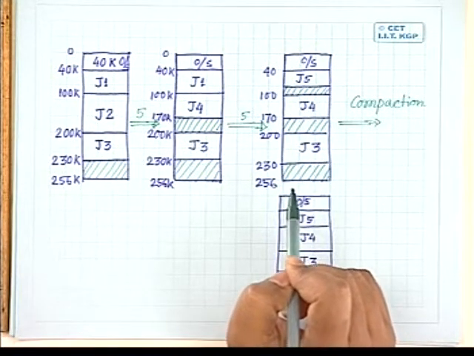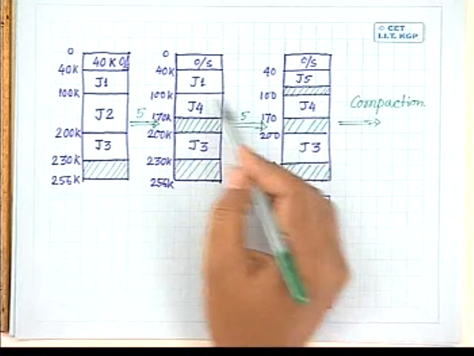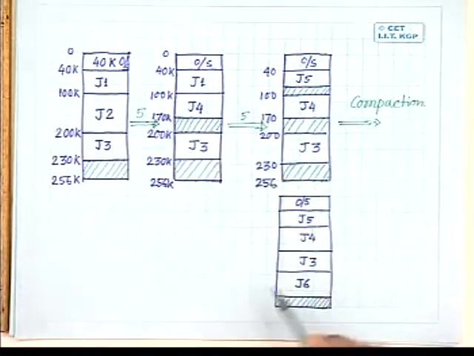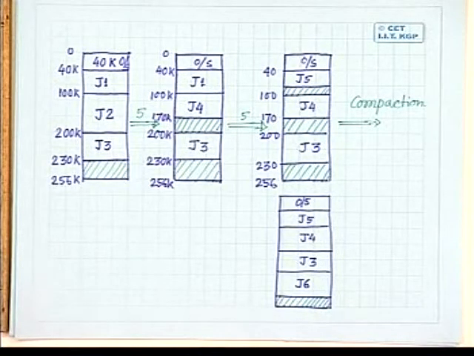Now I just said that in some cases we will allow some internal fragmentation. Ideally there is no internal fragmentation, because we always create the partition depending upon the size that is required. But when a partition size becomes very small, maybe 10 bytes, 15 bytes or 100 bytes, if I maintain that small partition as a free area, I have to have an entry in the free area table, and it may so happen that the number of bytes needed to maintain that information is more than the size of the free area itself.